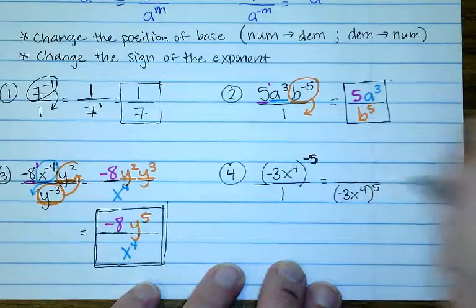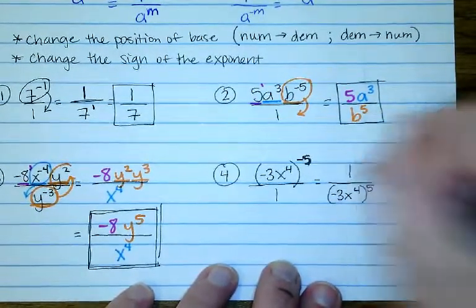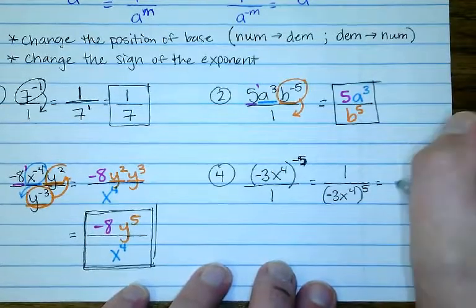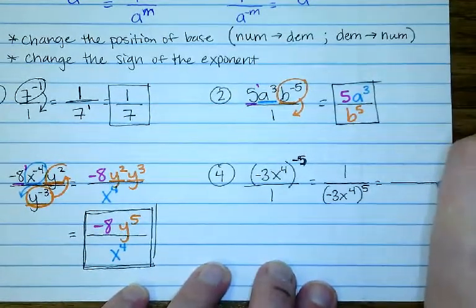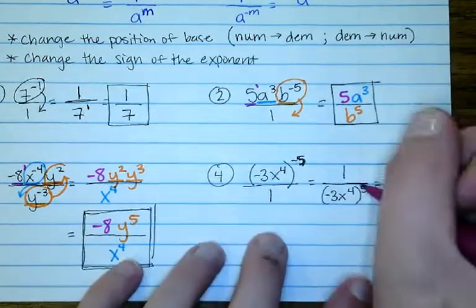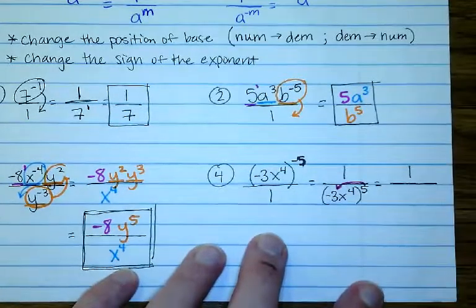Do y'all feel good about that? And we just left behind a little 1 on top here. And now we just have to follow our power rules. So the 1 still stays up there. And then we say, okay, negative 3 raised to the 5th power is going to be what?